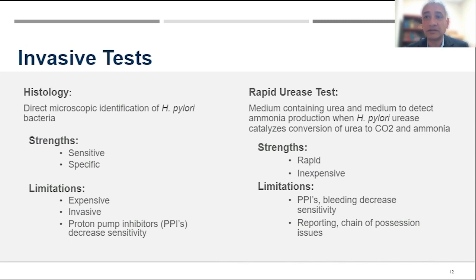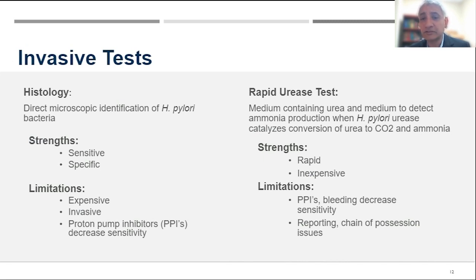The specimen is removed from the biopsy forceps and placed into the medium. And usually when the patient is ready to go home, the result is available. And if H. pylori infection has been identified, treatment can be prescribed right then at that setting. So that is a major benefit of this procedure, and it's also quite inexpensive.